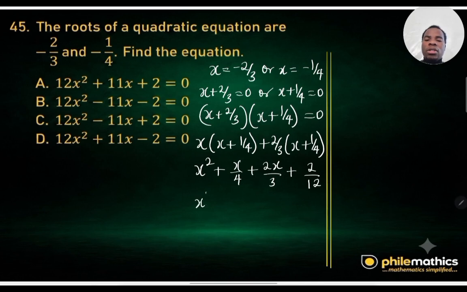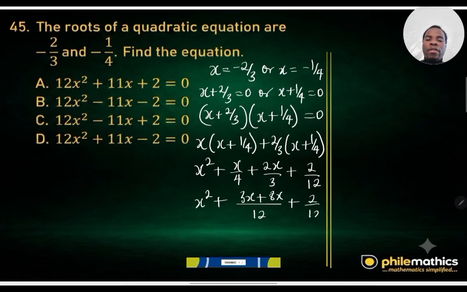We have x squared plus, the LCM is 12. 4 into 12 is 3, 3 times x is 3x. 3 into 12 is 4, 4 times 2x is 8x. Then we have plus 2/12.